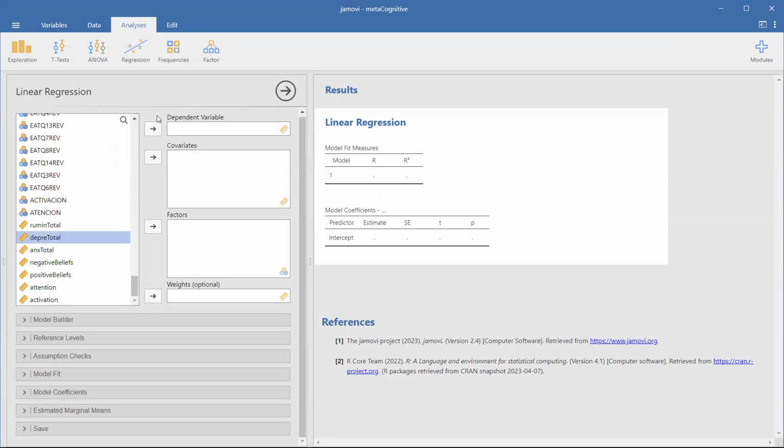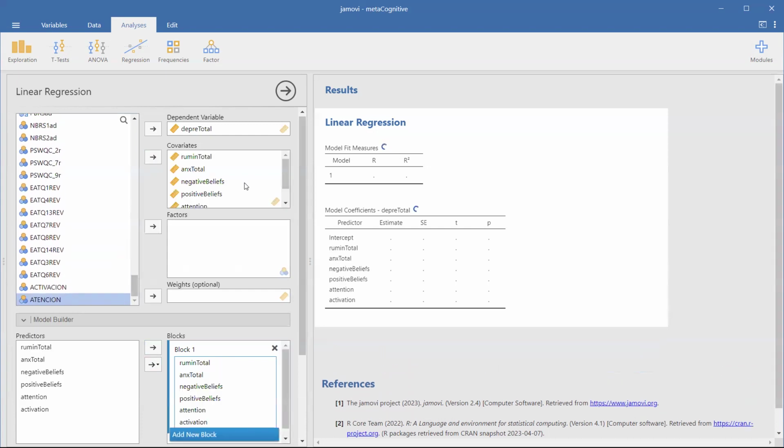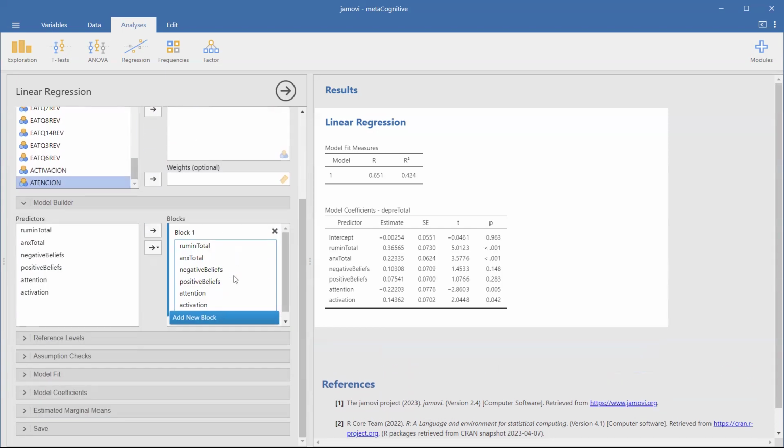Okay, so our dependent variable is depression. And let me see. Model builder. So I guess I need to add all the covariates here. Yeah. This is block 1.